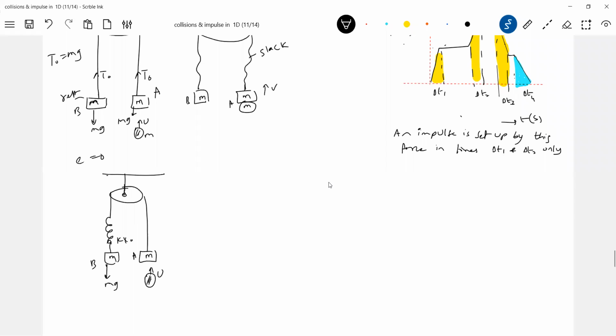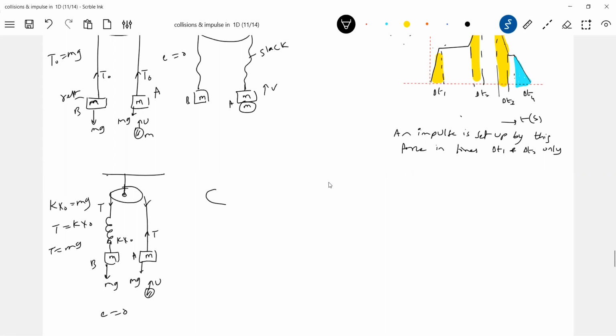Elongated, and that same spring force will act here, no? And that is the tension. Kx naught equal to mg and T equal to Kx naught. So therefore, T equal to mg. So this particular ball will collide. Inelastic collision, e equal to 0, you write it.